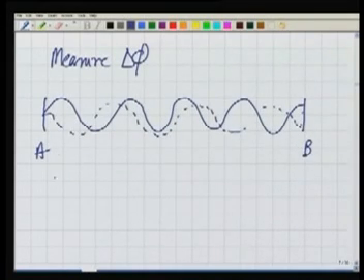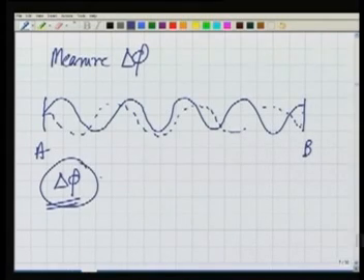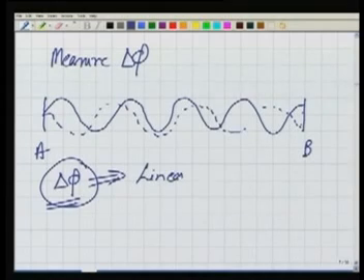And we are measuring the phase difference, delta phi. Let us say you are able to measure the delta phi. What will be the distance corresponding to this delta phi? The linear measurement.